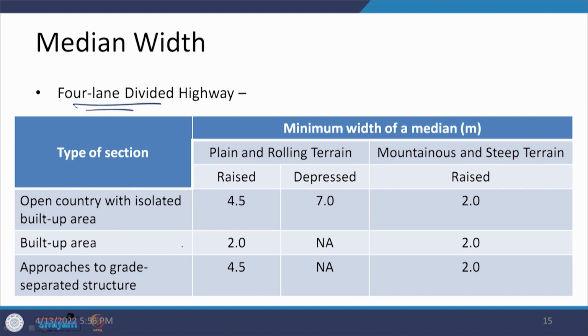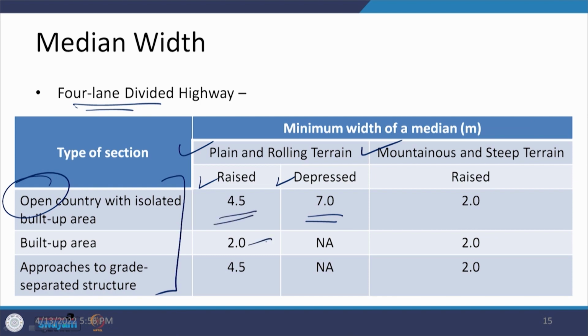In the 4-lane divided system, again you can see that they are the same things. What you find here is that the 4 categories remain as such. Now, we have 2 separations here, plain and rolling, and mountainous and steep terrain. Within the plain and rolling terrain, we have the raised and the depressed median. So, the depressed median is always provided in the open area. It is 7 meters wide, but if it is a raised one, then it is 4.5 meters wide.